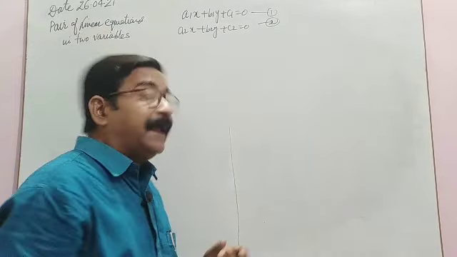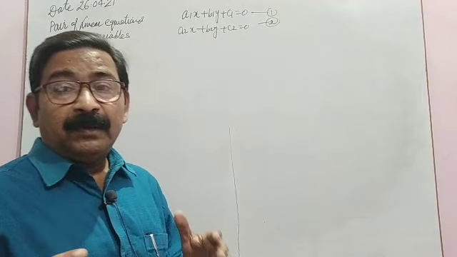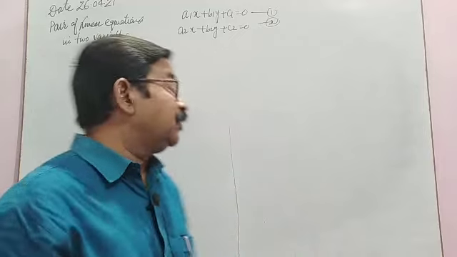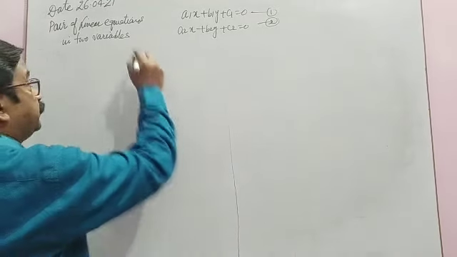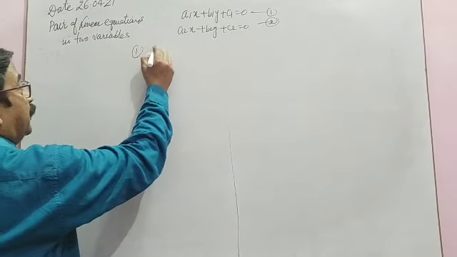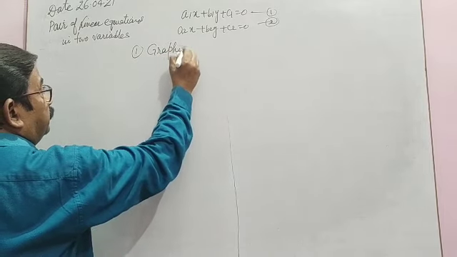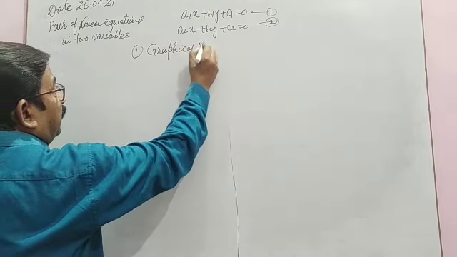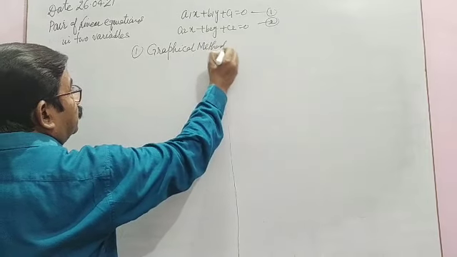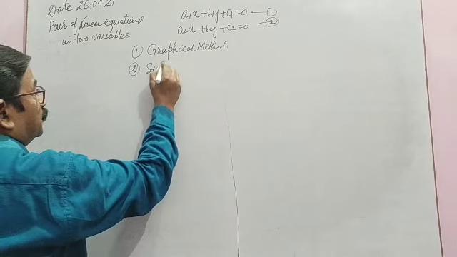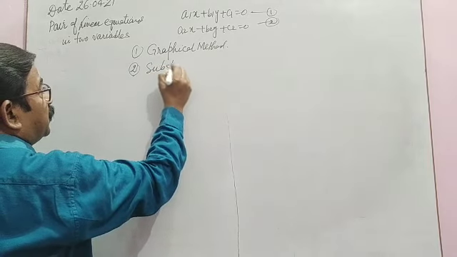Now, types of solution means by how many methods we can get the solutions of the equation. Number one, graphical method. Number two, substitution method.